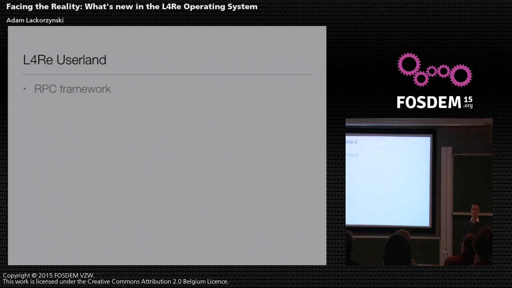But we have seen, for example, a server putting an int into the I/O stream, and then the client reading a long from the I/O stream. This is okay on 32 bits, but if you're going to 64 bits, it will blow. So there is some RPC framework. It will be based on C++ mechanics using templates and some basic macros. This is still work in progress, but it will ease implementing interfaces on client and server side a lot.